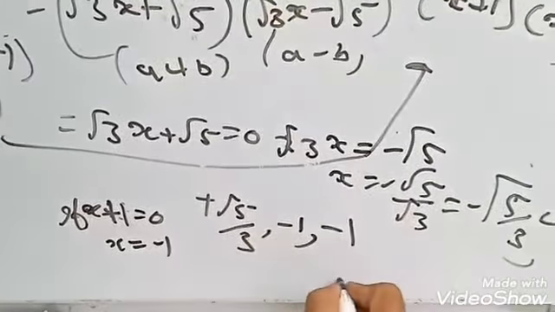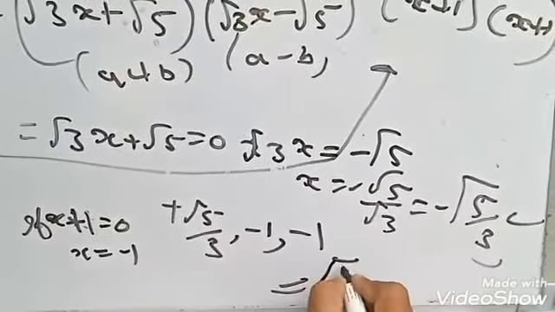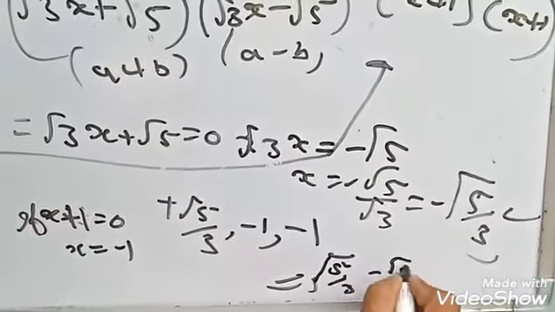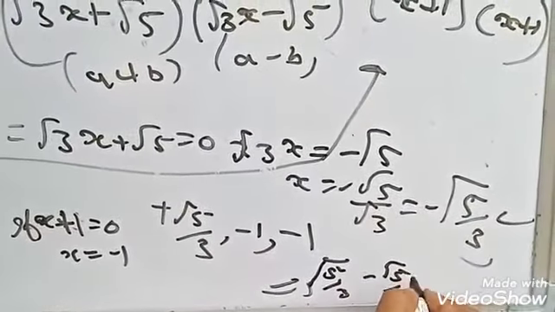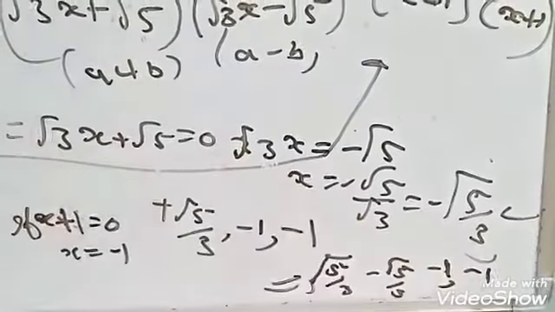So the answer is root 5 by 3, minus root 5 by 3, and minus 1 and minus 1. These are the solutions.